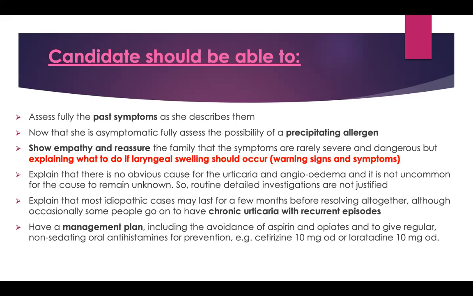That's why our management plan includes, first of all, avoidance of some precipitating drugs like aspirin and opiates, and give her regular non-sedating oral antihistamines for prevention, such as cetirizine 10 milligrams or loratadine 10 milligrams, okay? If there is a driving issue, they are non-sedating anyway, okay?